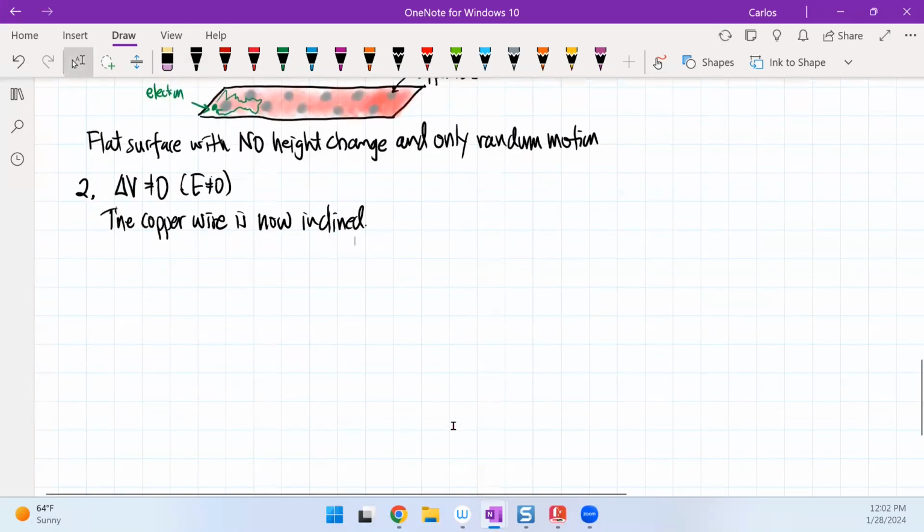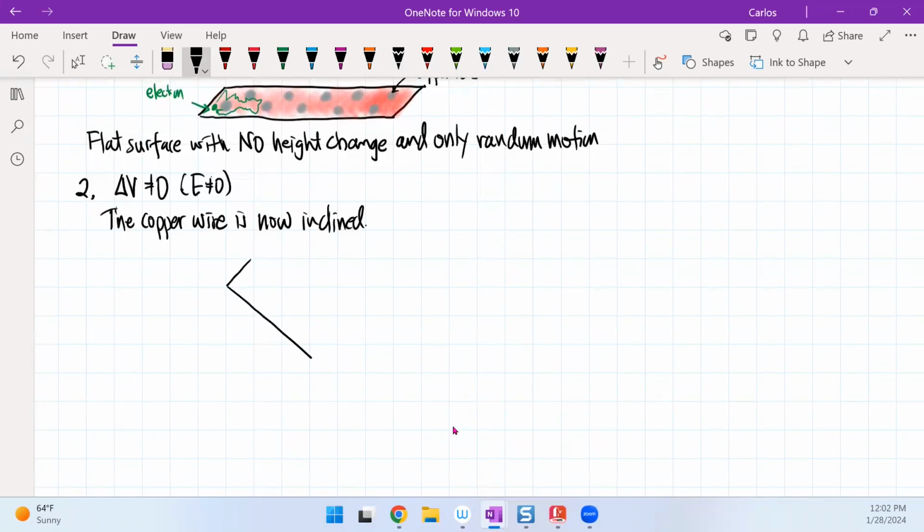So if I look at this, I now have a wire that's going to look something like this. Let's see if I do it from here to here. So now this thing is inclined.